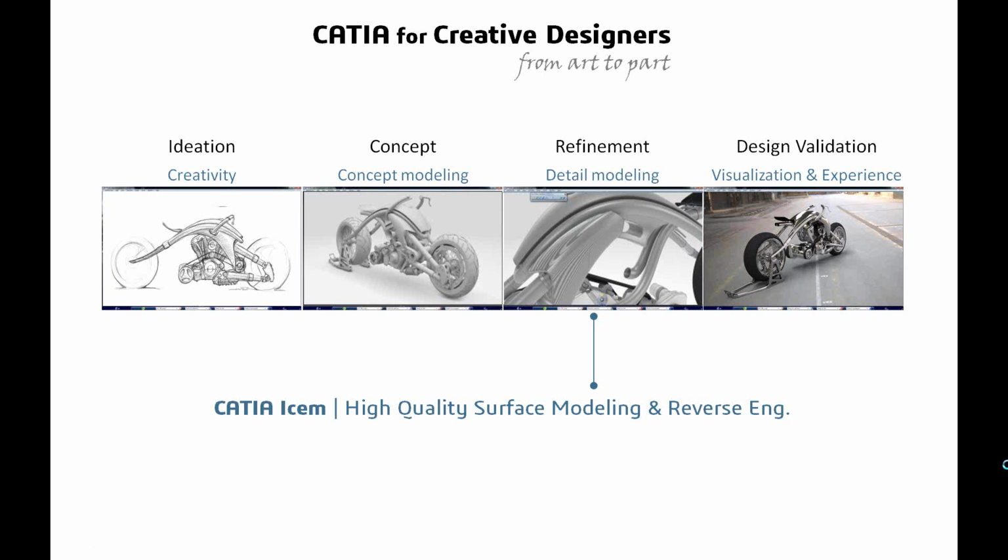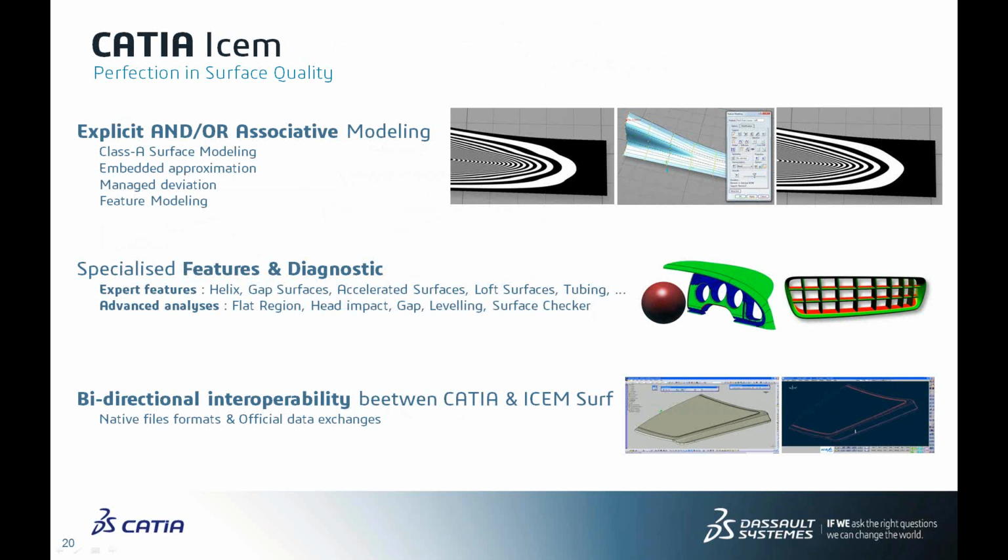So by integrating CATIA Icem, a designer can achieve higher surface quality, which means that they can do explicit modeling or associative feature-based modeling. That's the beauty of combining the Icem approach, Icem mathematics, with the CATIA power. So it's class A surface modeling with the full precision of Icem and the feature-based associative modeling power of CATIA.